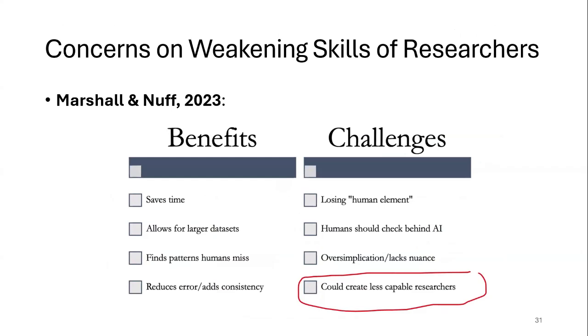The respondents in that survey mentioned it could create less capable researchers, asking whether using AI reduces the capabilities of researchers. So the respondents have marked it as a challenge. That doesn't mean that I agree with that. Of course, that is a concern.